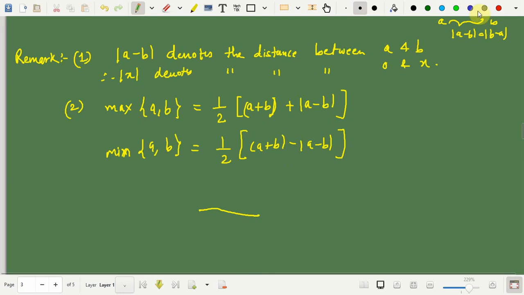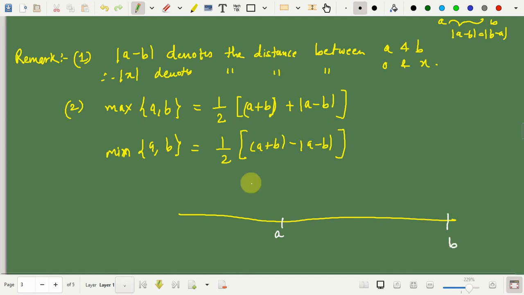Suppose I have a straight line, and without loss of generality, let us assume that, say, a lies over here. Please excuse me for this line, it is not a straight line, by the way, but you can assume that it is a straight line, and say I consider my b to be somewhere here.